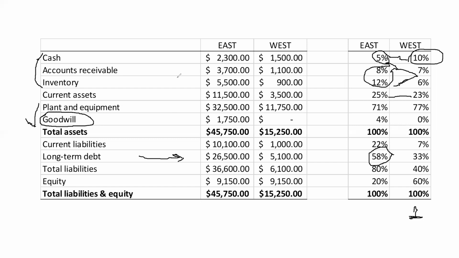Goodwill is a good thing. They are acquiring the business. So that means that 58% doesn't necessarily mean they're in a dangerous situation. So we just cross that. We don't take this into consideration because now we have a kind of backup. These guys are buying a new company, and most probably there's a reason why they're buying.